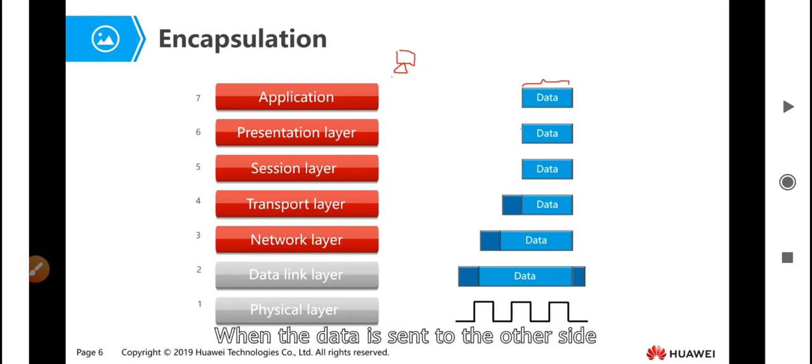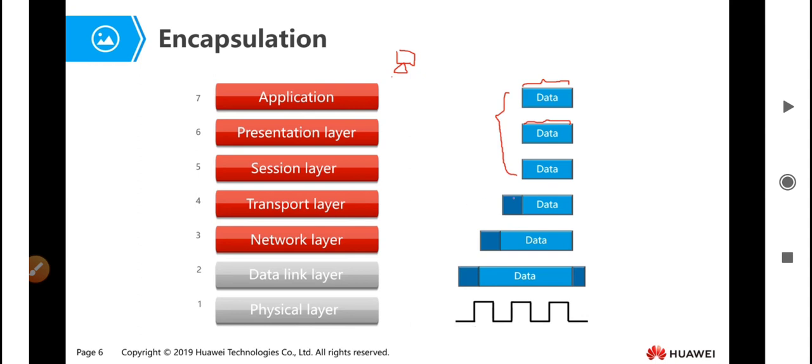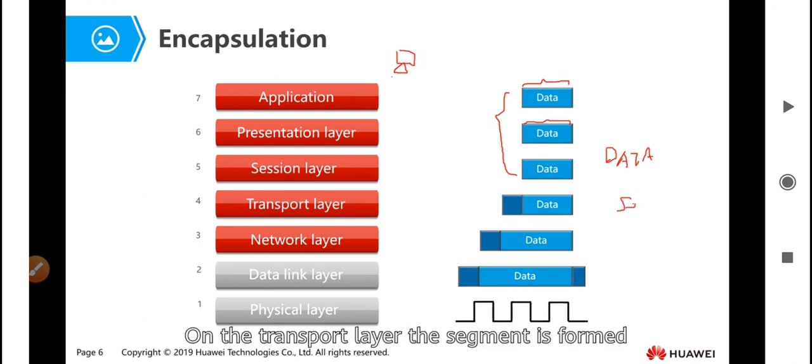And then when the data is to be sent to the other side, to another computer, the data first should be coded into data that can be sent. Okay, in the session layer, all of these layers, the data is the same. On these 3 upper layers, it's all data. And then the transport layer forms the segments.